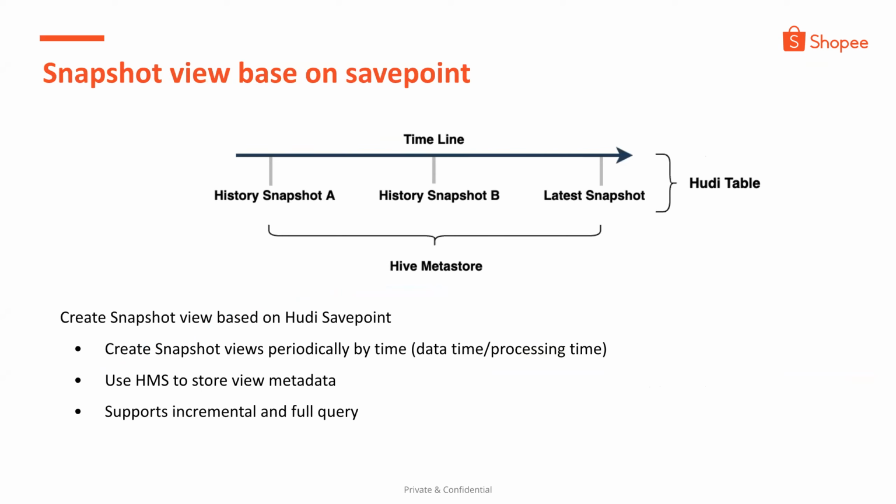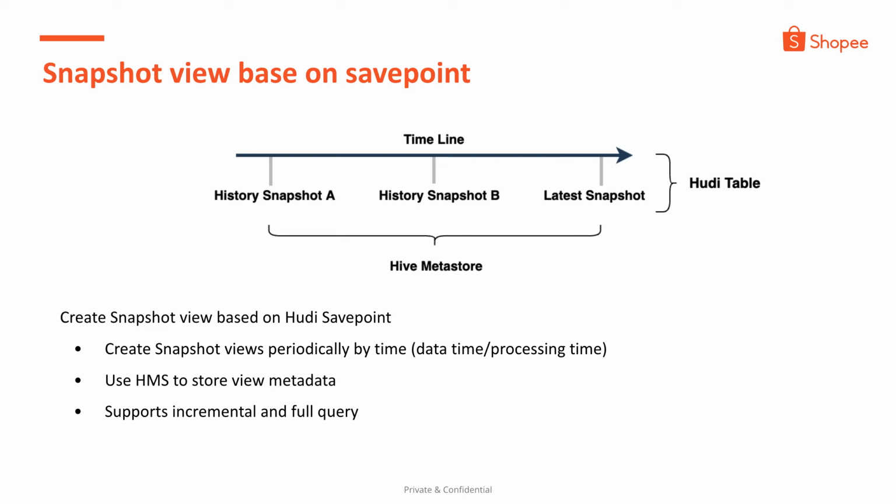The second example is the snapshot view based on savepoint. For the scenario where users need state detail, we provide a service based on Hudi savepoint. We build a periodic snapshot based on the time period required by the user. These snapshots are stored as partitions in the metadata management system.